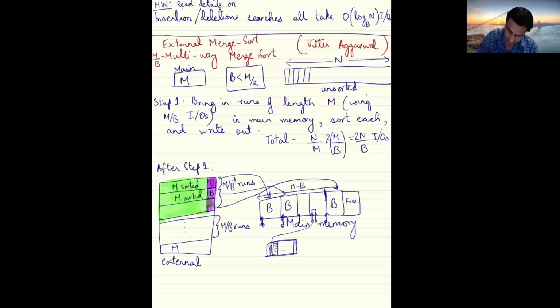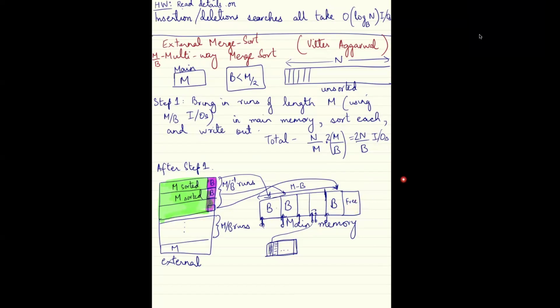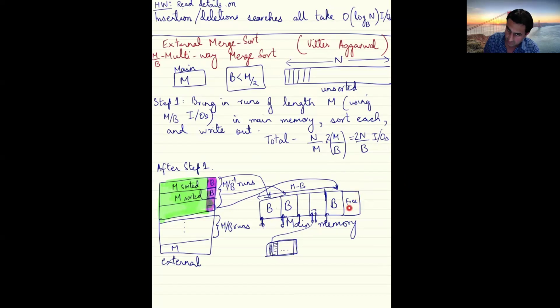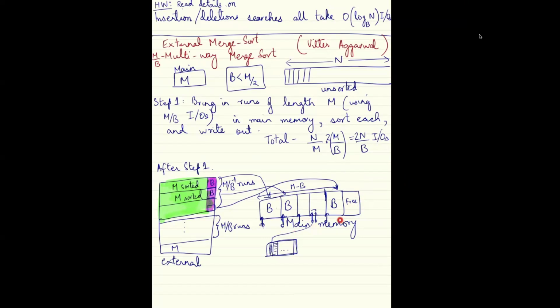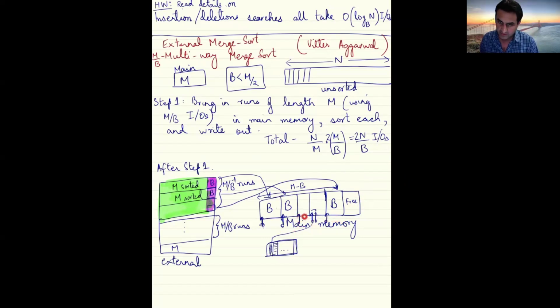Once you have written down B smallest elements, this free block is now full. You write it to external memory in an empty block. You keep doing this. When will you get stuck? When one of these fingers reaches the end of one of these original blocks.